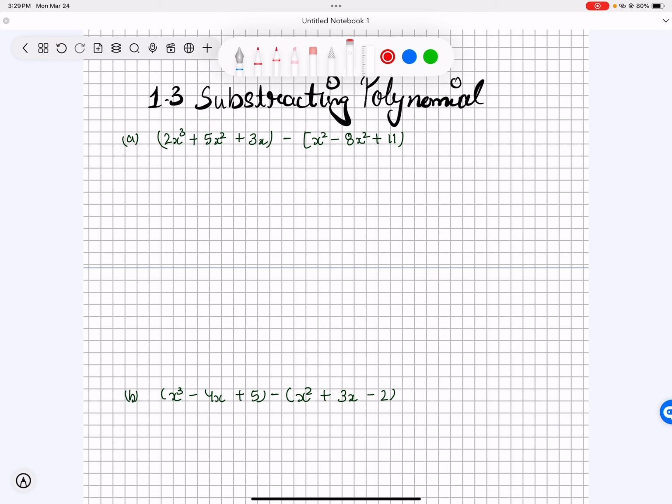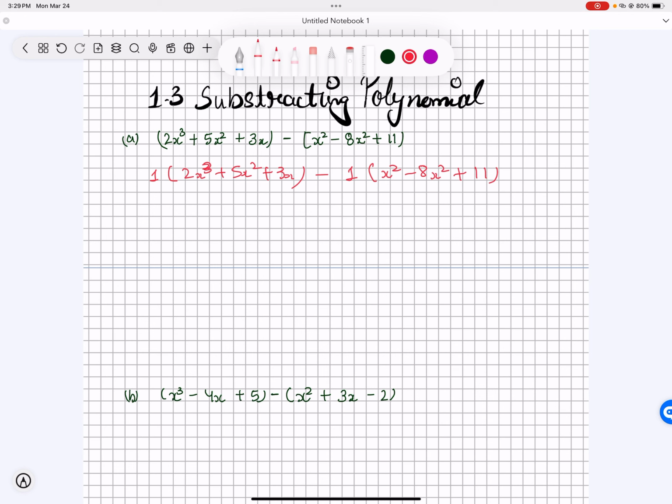polynomial equations. So first we are gonna assume 1 in order to remove the parentheses, 2x cubed plus 5x squared plus 3x, and then minus 1 times x squared minus 8x squared plus 11.